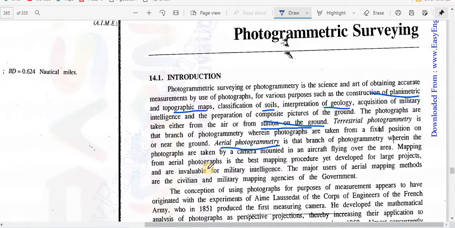It is also invaluable for military intelligence. So this is a small introduction to photogrammetric surveying.